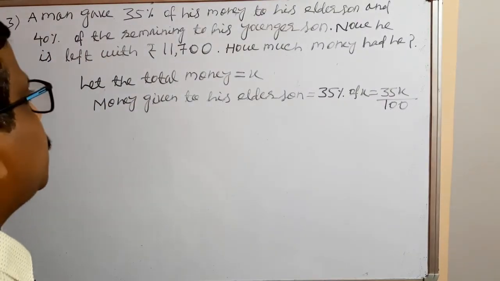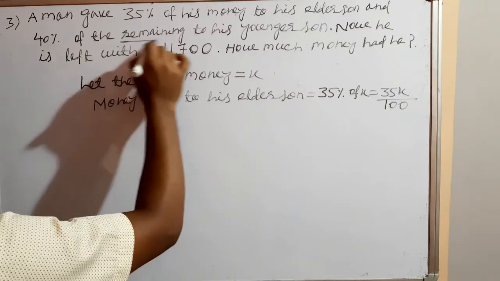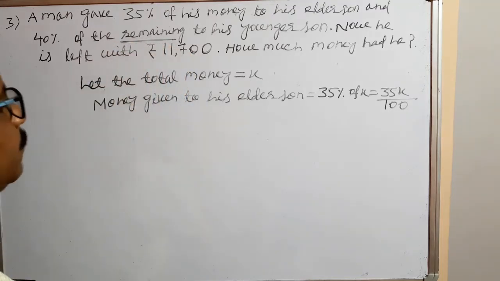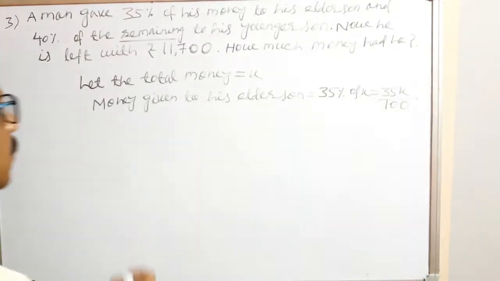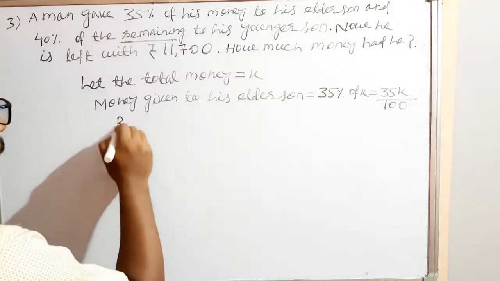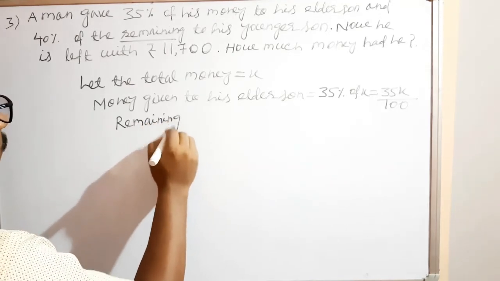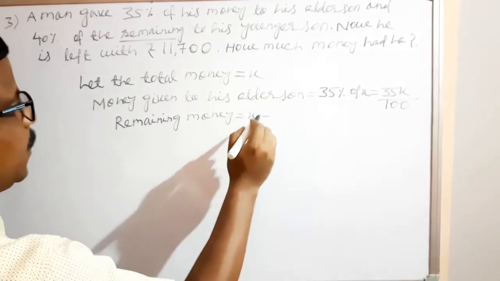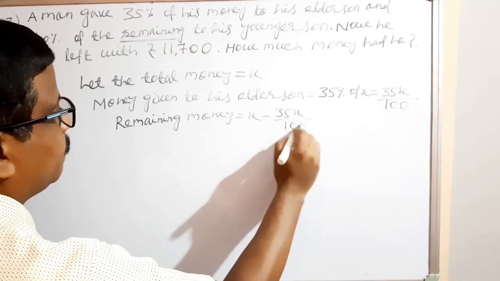Then 40% of the remaining to his younger son. 40% of the remaining. This point you nicely understood. So first we have to find the remaining money. So remaining money is x minus 35x by 100.